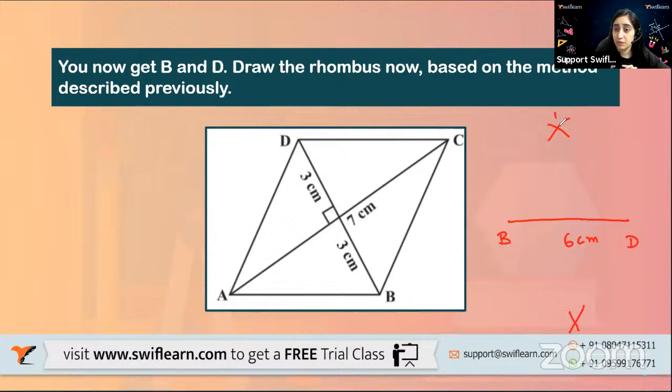The line which will cross from this point to this point will be a straight line. And this straight line will cut the line BD in equal parts, 3 centimeters, 3 centimeters. And the angle that they will make is 90 degrees. All right. This is what a perpendicular bisector is.